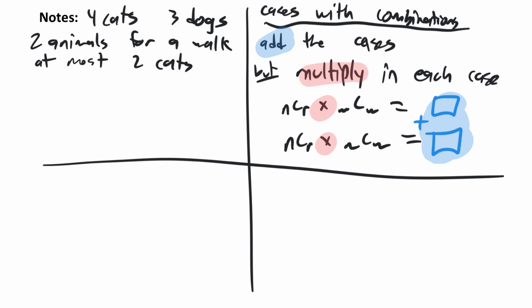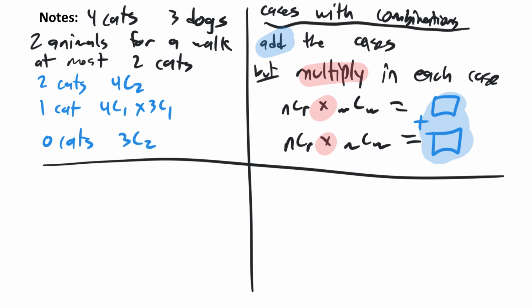All right, so we would have 3 cases. We could have 2 cats, we'd have 1 cat, or we have 0 cats. If we have 2 cats, we'd have 4C2, and we wouldn't have any dogs, so we just get 4C2. If we have 1 cat, we'd have 4C1 times 3C1. If we have no cats, we'd have 3C2.